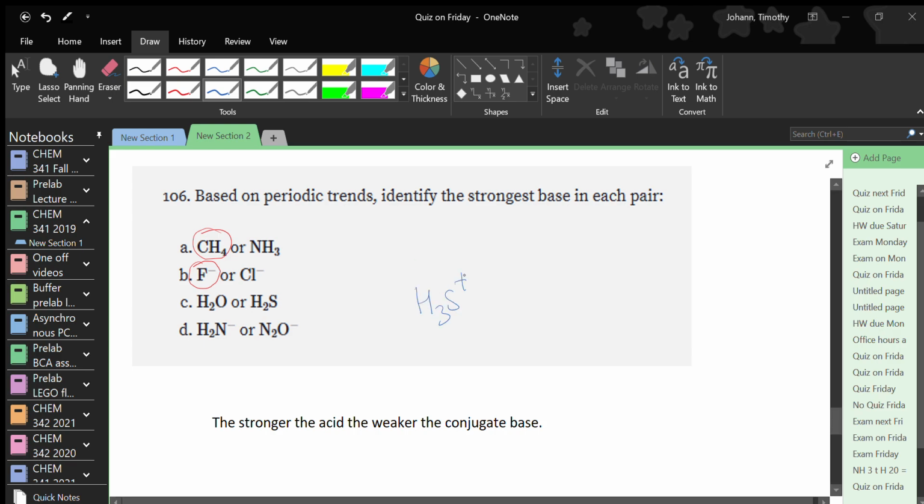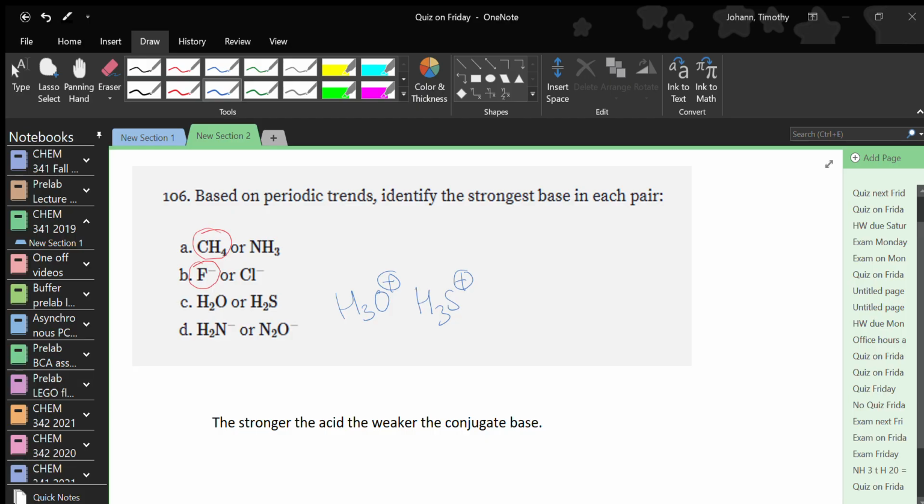We would be thinking about this versus this, because these are the conjugate bases of those. But does it change how we apply the periodic trend? It doesn't. So this is going to be the stronger acid, and that's going to be the stronger base.